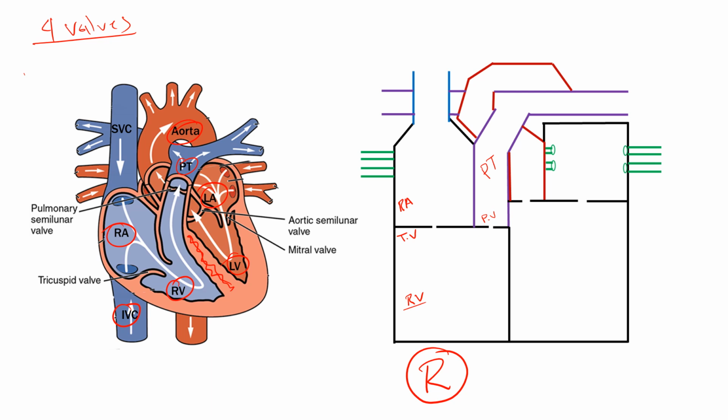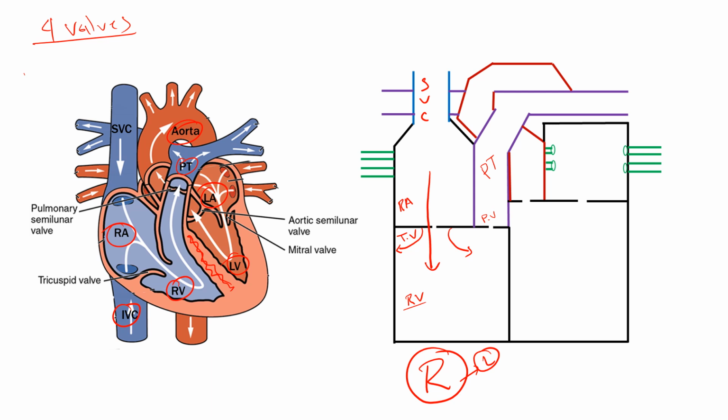We know that this part pumps blood to the lungs. This will represent the superior vena cava. And I want to show you here that these valves, because they are like doors, when they open, this tricuspid valve will open this way, meaning that it will allow the blood to go from the right atrium to the right ventricle when the tricuspid valve is open.